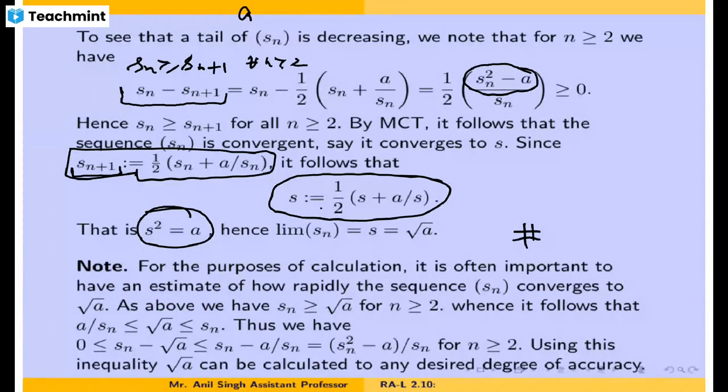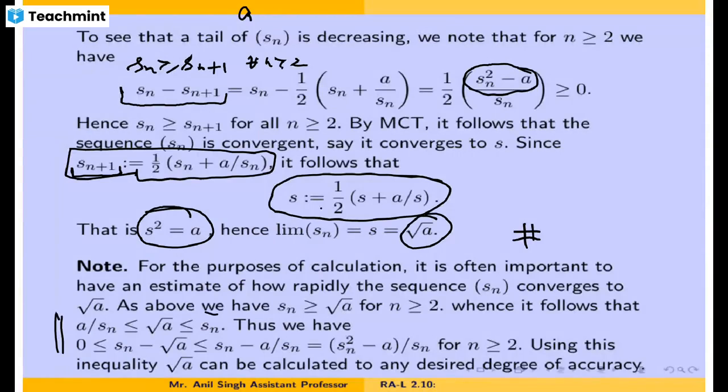You can do it for any number, and you can start with any number to reach the square root of a number. The following note tells us that for the purpose of calculation, we try to estimate how rapidly this sequence which we are defining converges to this root A, and the following inequalities can be utilized.